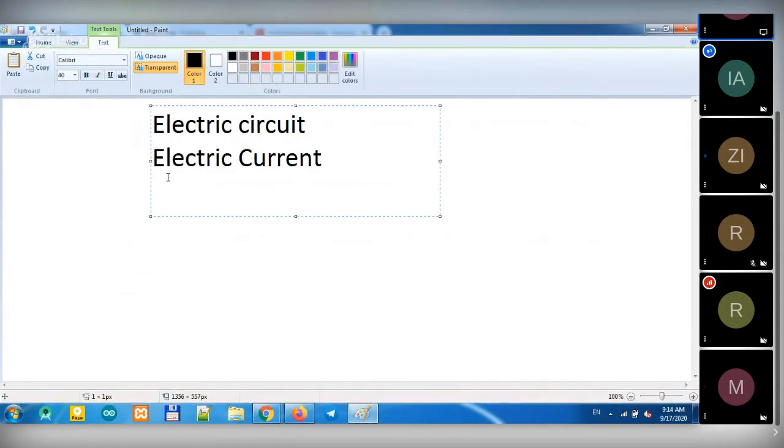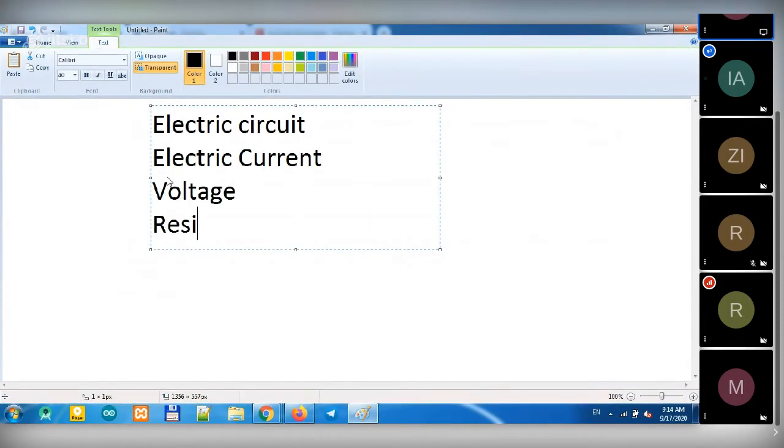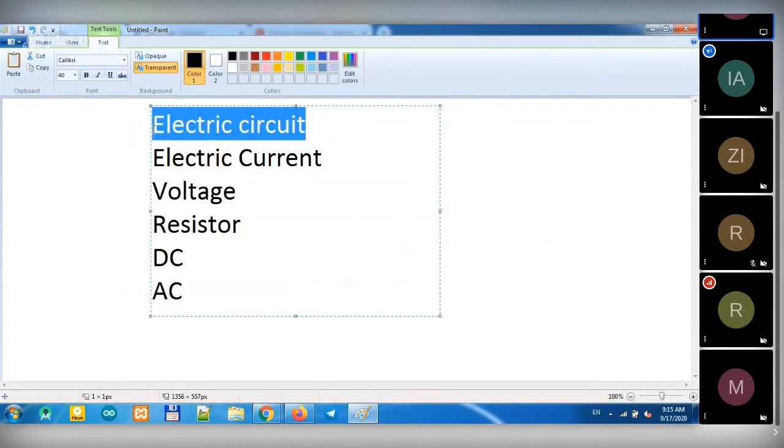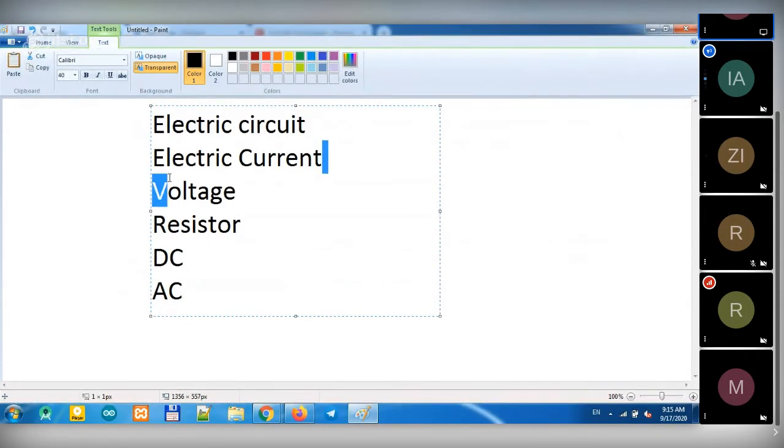Voltage, resistor, DC and AC. I hope you understand this, right? The circuit is a closed loop that carries electricity. Current is how many electrons flow per second.